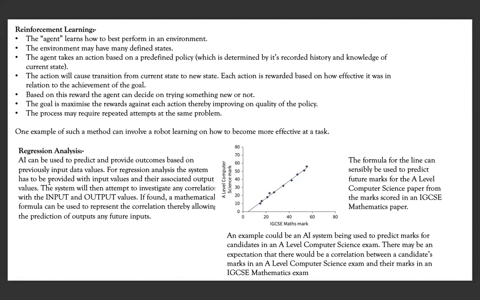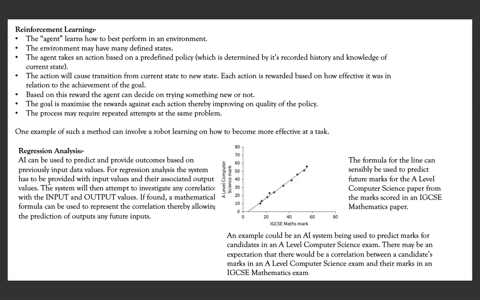So for example, I have a student here. If I have a formula based on that previous research of 30 students, for example, or maybe even 50 students or 100 students. Now I have a student who's appearing in maths IGCSE, and he comes up to me and asks, how much marks do you think I'll get in A levels computer science?